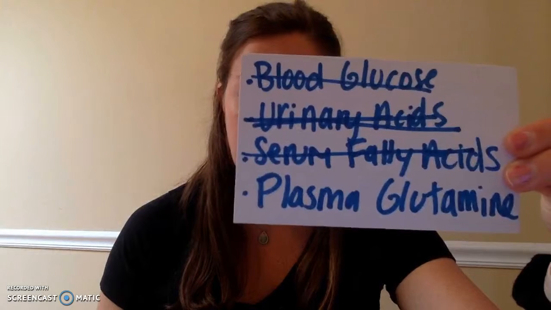Now we're left with plasma glutamine, and I believe that this would be the best choice to differentiate between the urea cycle and beta oxidation. The reason is that glutamine frees the ammonium that's in the liver, and that goes into the mitochondria and is used in the urea cycle for urea synthesis.